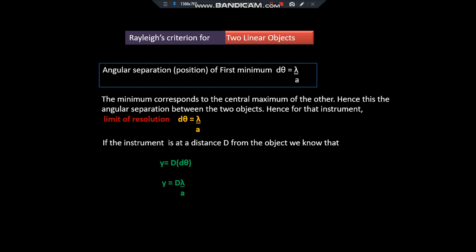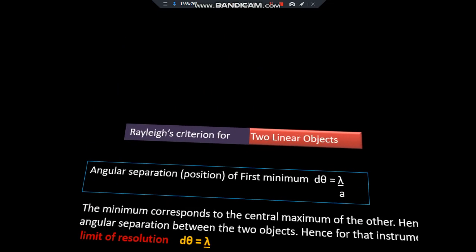So obviously, for that instrument at a distance d from the object, we know that y will be d into d theta. But d theta is lambda by a. So y is equal to d into lambda by a. This is obviously equal to the first minimum from the center.